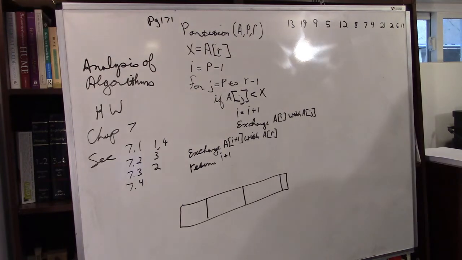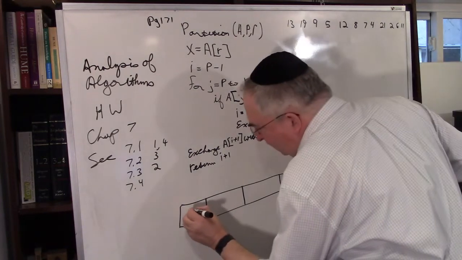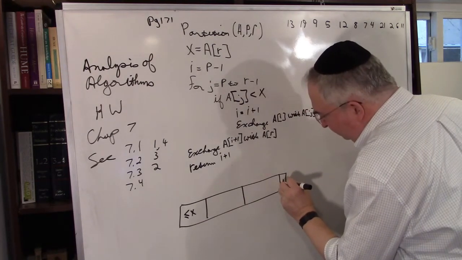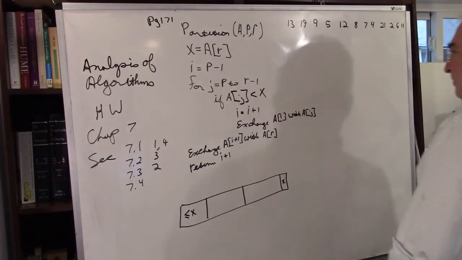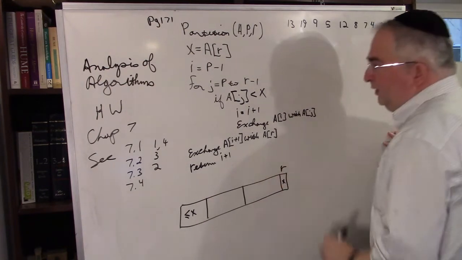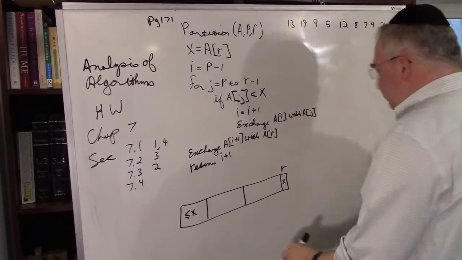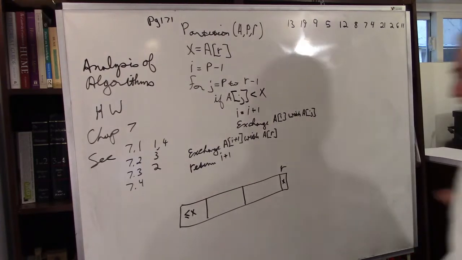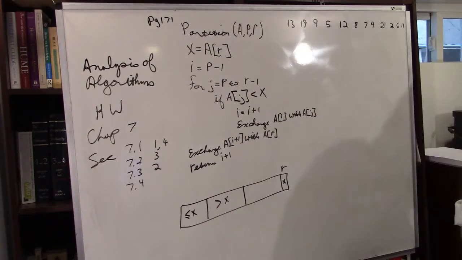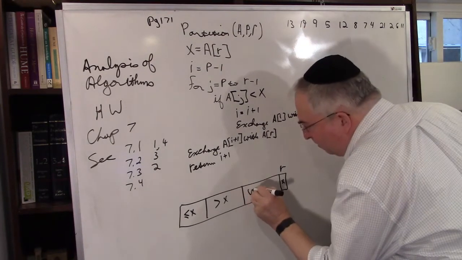This part is everything less than x, where x is the pivot. That's the pivot. Now the pivot is in position R. This part is everything greater than x, and this part is unseen.